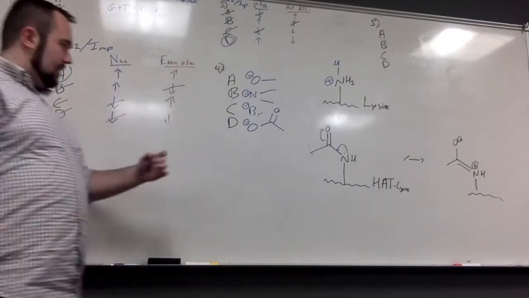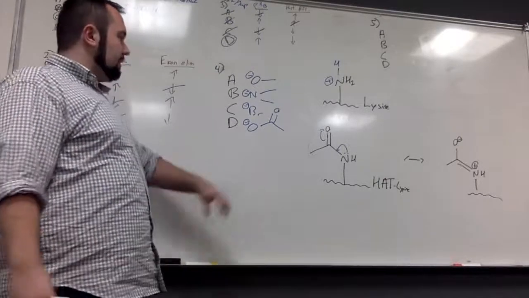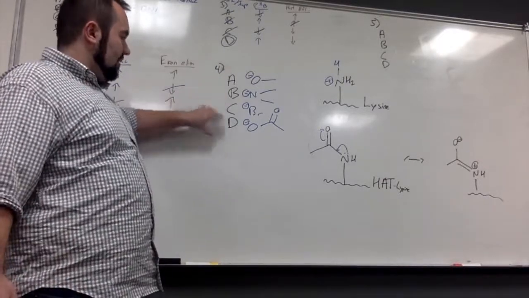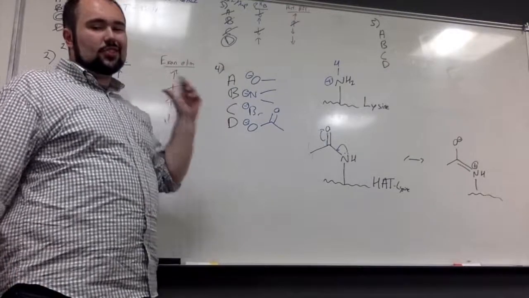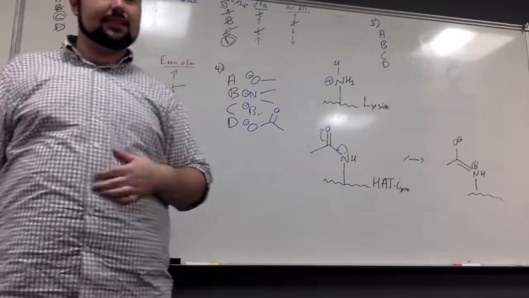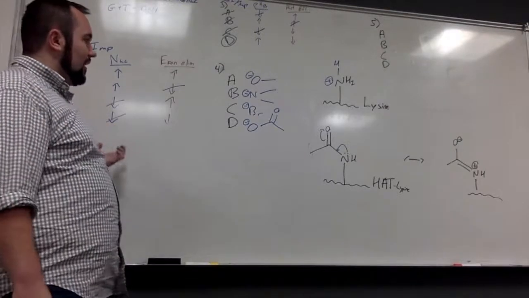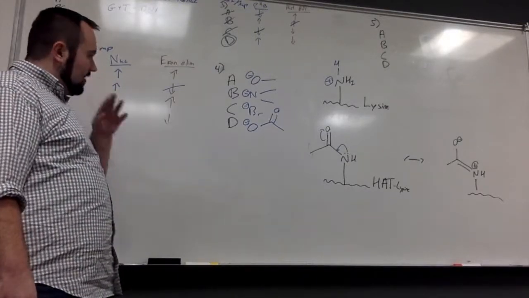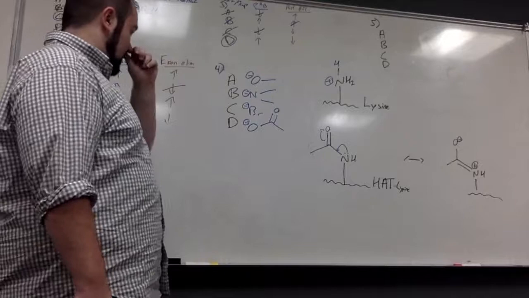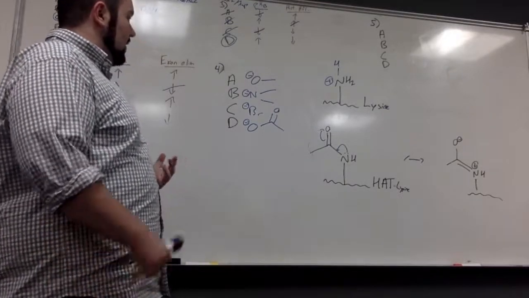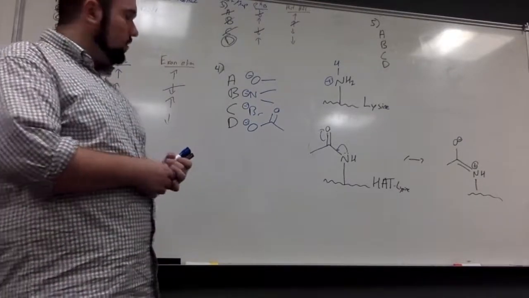Okay, so just looking at this first off, we could definitely tell that a few of these have much less ability to stabilize a negative charge than others. And if we go back to one of the key themes about organic chemistry on the exam, we should know that low stability leads to high reactivity, right? So based on that alone, we can definitely eliminate a few of these answer choices.